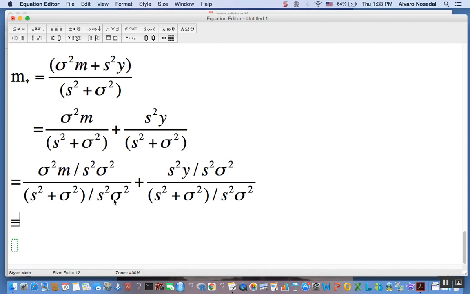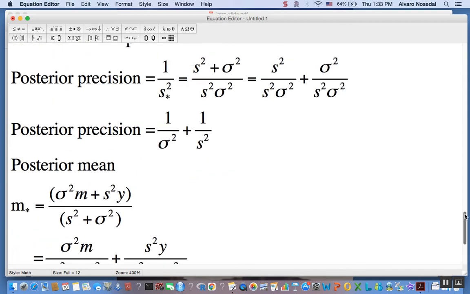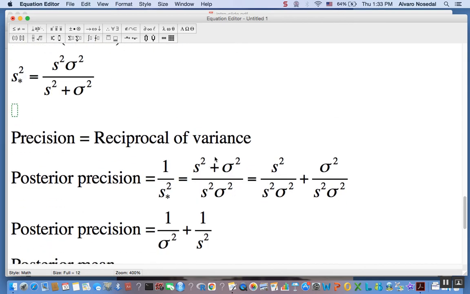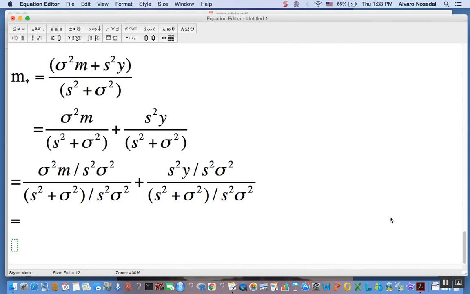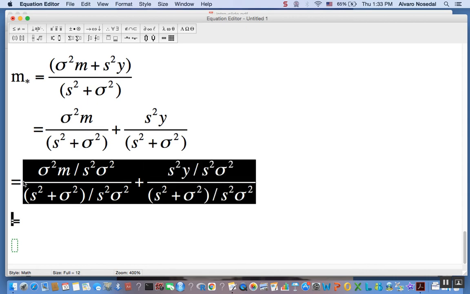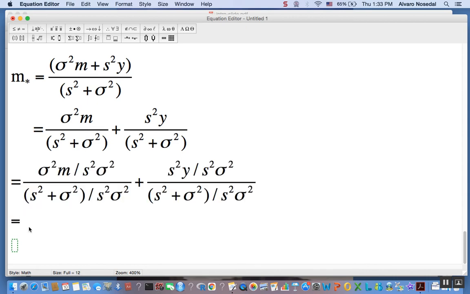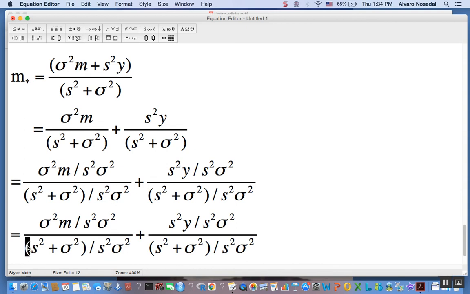But once we have this, right, we have our posterior. This guy here is our posterior precision, right? And our posterior precision is also equal to this. So let me use this instead for the denominator. So here, what I'm going to have is just 1 over sigma squared plus 1 over s squared.